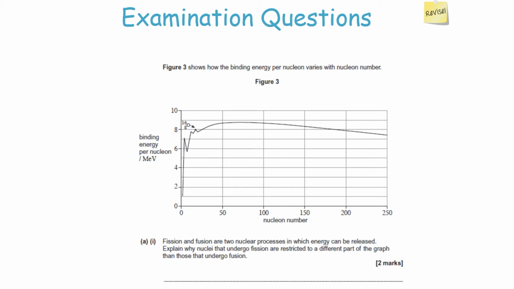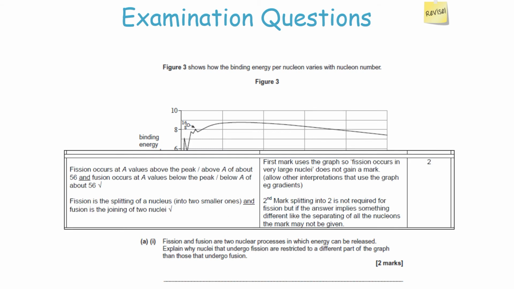Once you get to about 56, which is iron, on the nucleon number axis, it tails off, and before iron at 56 it's below it. So in both processes it needs to get to the highest possible value, which is iron at 56. Everything below iron will carry out fusion, so it will combine to get bigger, whilst everything above iron will carry out fission, so it will split to get to 56, which is what's going on here.